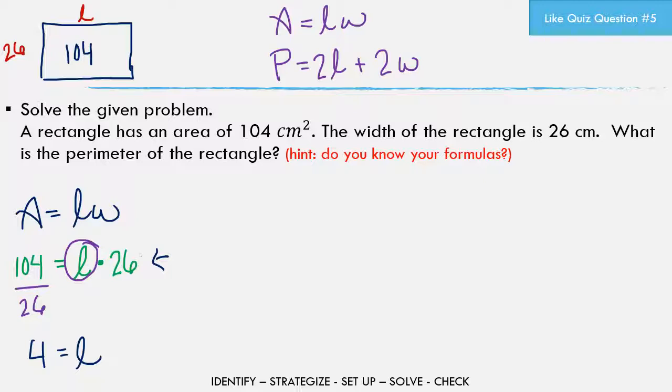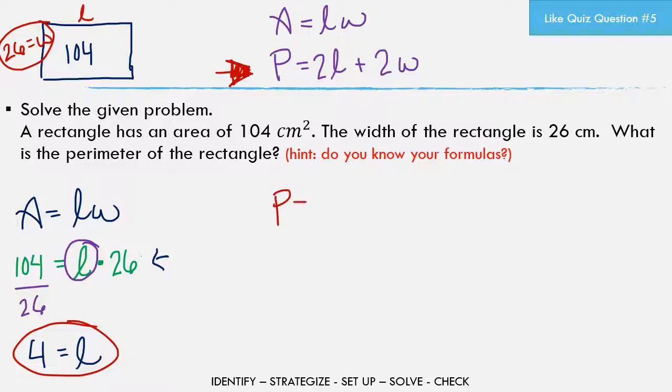So now we know the length, L is 4, and we know the width is 26. Now that we know them, we can plug them into our perimeter formula to find the perimeter.